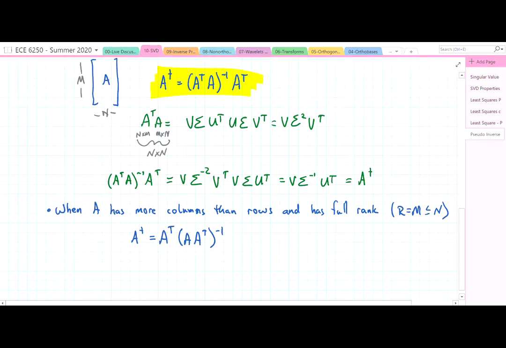A transpose is on the left, and then inside we have A A transpose instead of A transpose A, because we're getting at the smaller of the two. We want the inside to be M by M so that it's full rank and invertible.